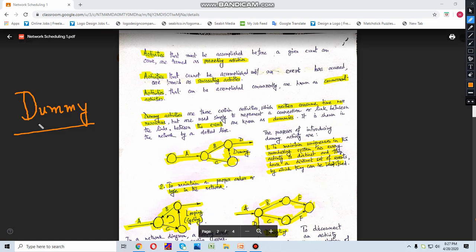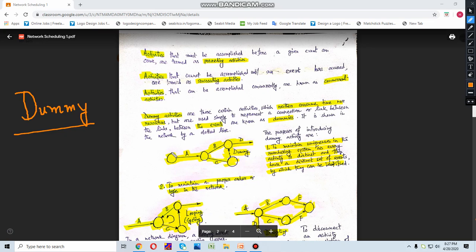This is a completely mathematical concept. That means you are introducing an activity which does not consume any resources and does not consume any time. You are just providing this dummy activity to maintain a certain order of the network.